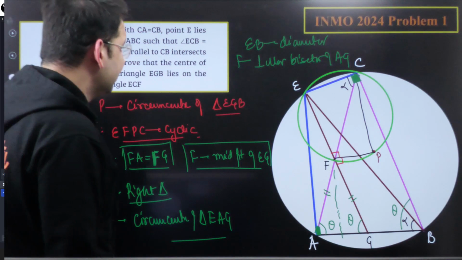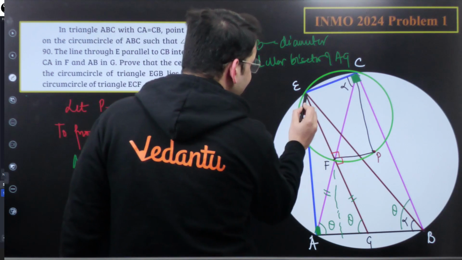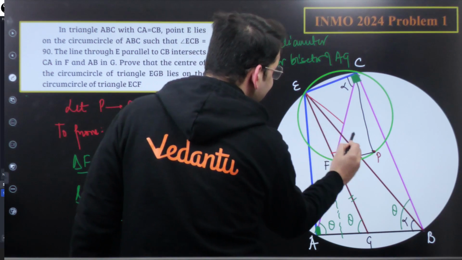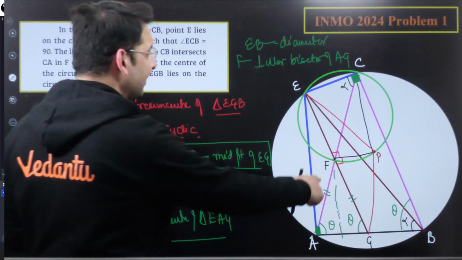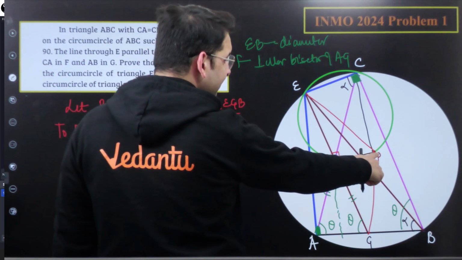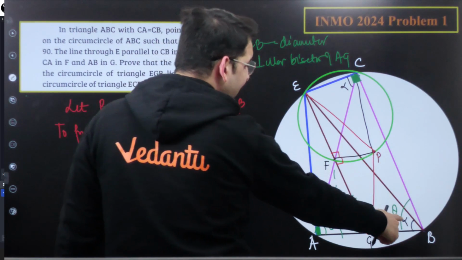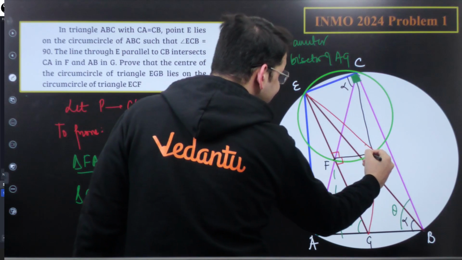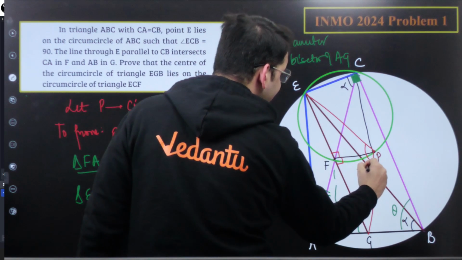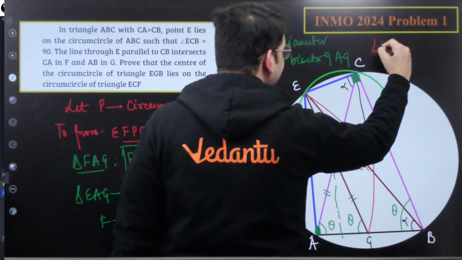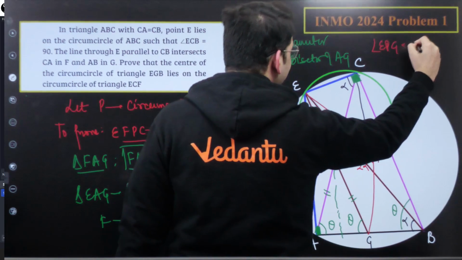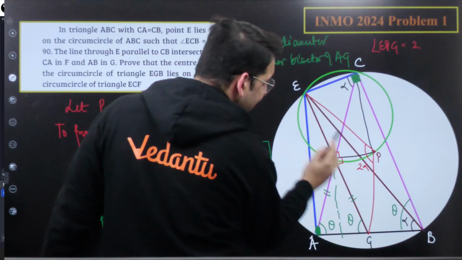Done? Also guys, if I join from here and from here, since this is the center and this is alpha, can I say this angle is going to be 2 alpha? That is, angle EPG is going to be twice of angle EBG.